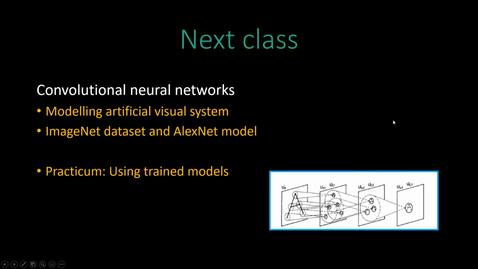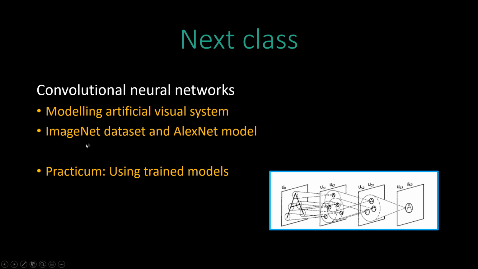For the next class, next week, I will talk about the additional steps that we can use to make our models work better. Quite a large one, which really brought the revolution in the usage of AI, neural networks and deep learning, was the use of convolutional layers. We will explore what that means.